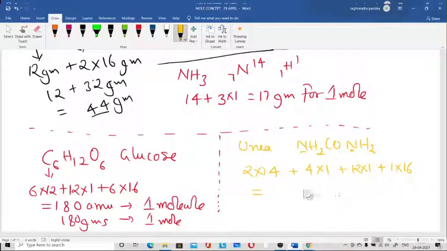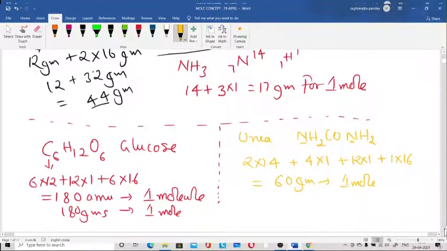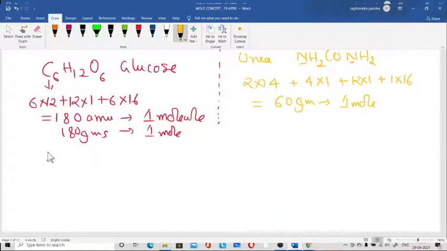So you are getting 60 grams for 1 mole. Got it? This is simply how we calculate. I hope most of you know that it is a ninth class concept. Got it?